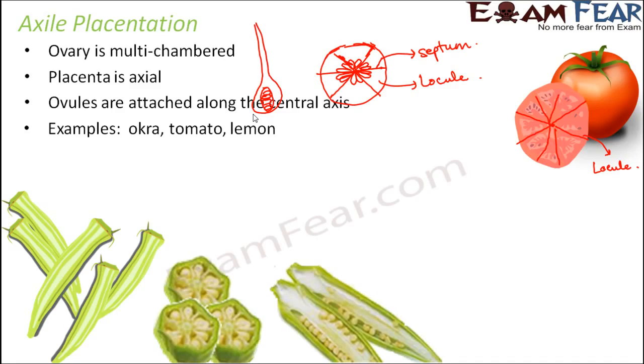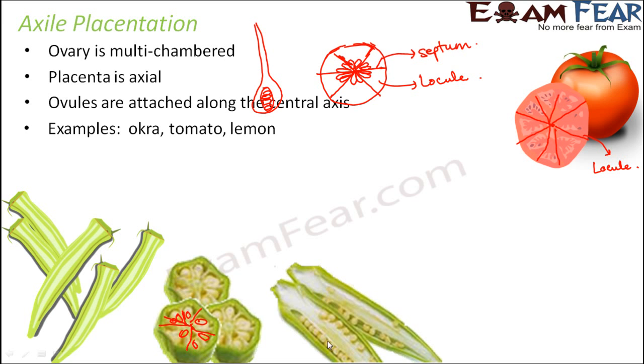If you look at okra, which is also known as lady's finger, and look at the cross section, what do you see? This cross section is again divided into separate locules, correct? And in each of these locules, the ovules are present towards the center. But this is the cross-sectional view. When you cut it in this fashion, this is how the arrangement looks.